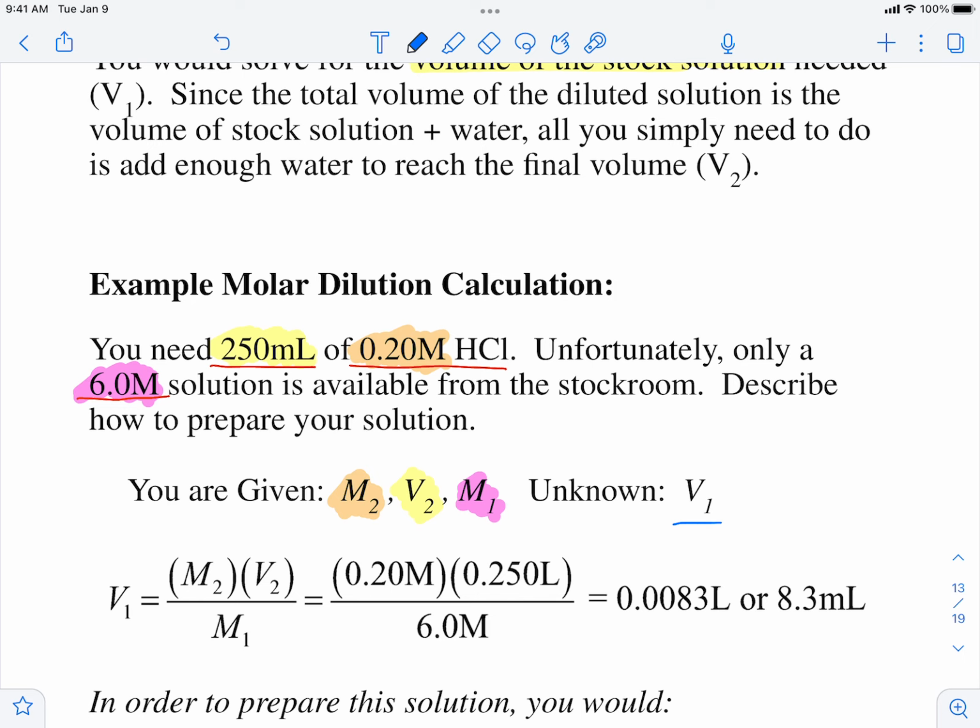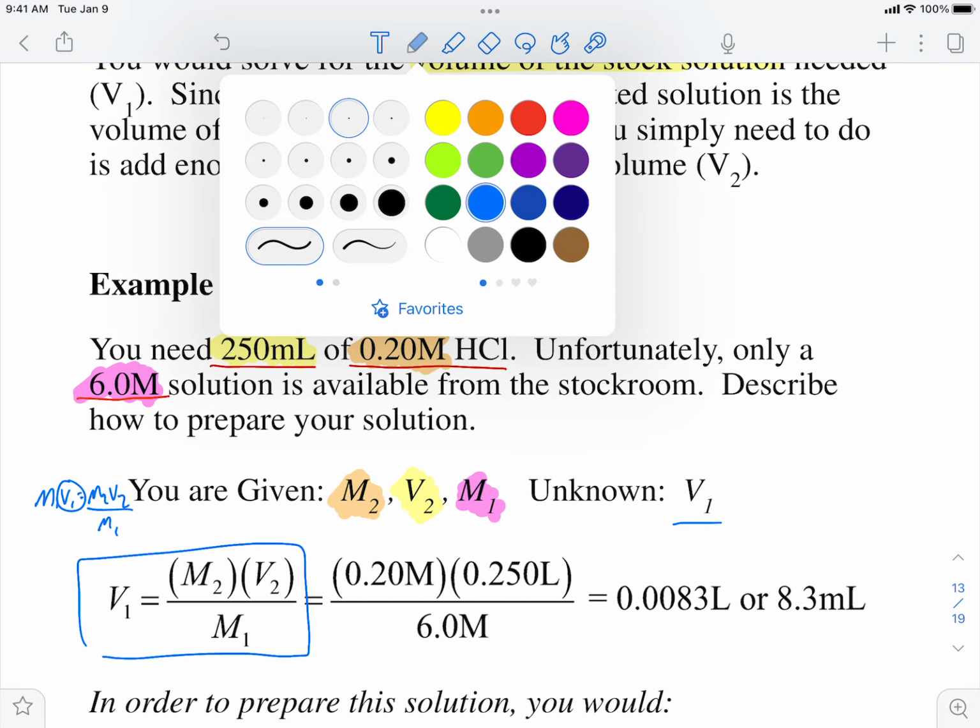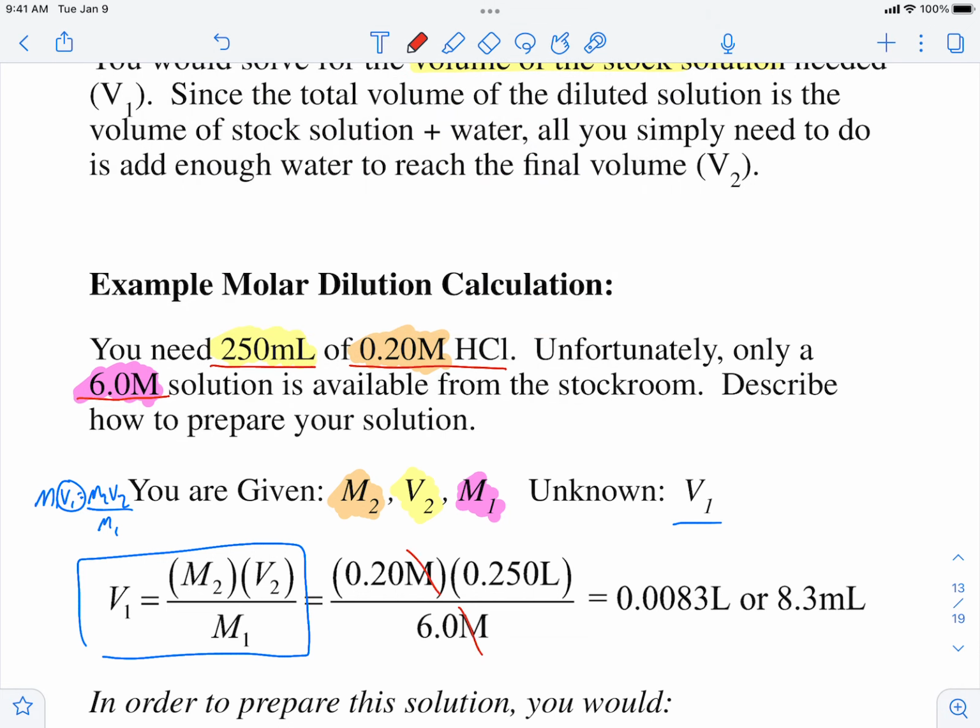So the equation rearranged, if we solve for V1, all we need to do is divide both sides by M1, and that's how we get here. Now, as far as units, the volume unit here, I know that we've been using liters all the time so far, but here you could actually leave it as liters, or you can use milliliters as well. It doesn't matter, because after the molarities cancel, the unit you have left is the unit of the answer.